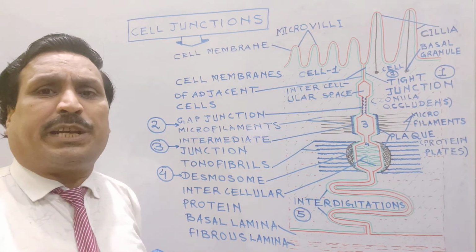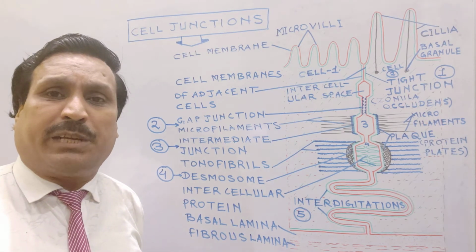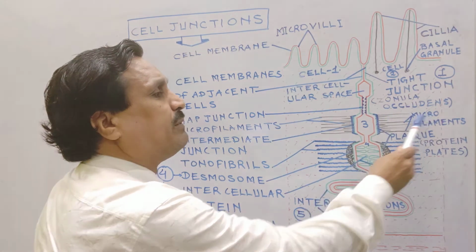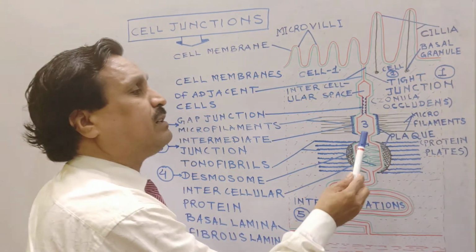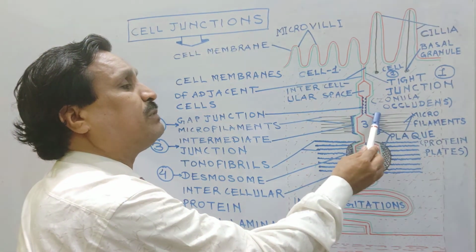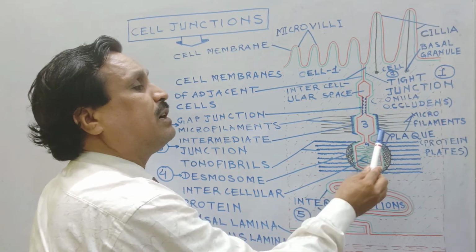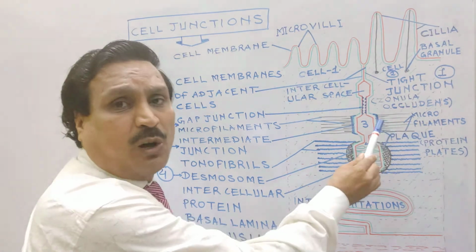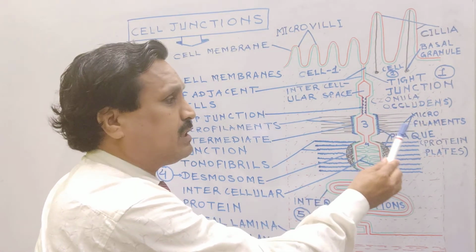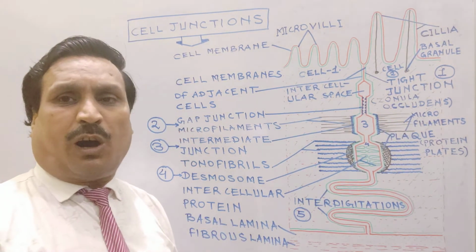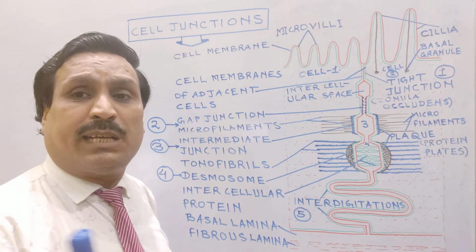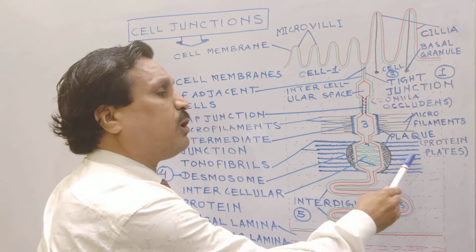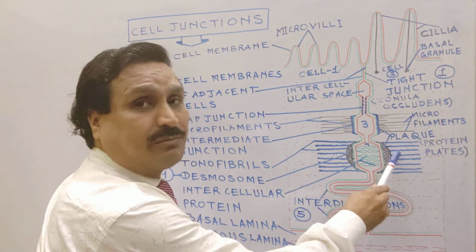Second most important point of discrimination is these microfilaments. These microfilaments, which are originating from this plaque-like structure, are formed of actin protein in case of intermediate junction, but in case of desmosome, these are formed of keratin-like protein.